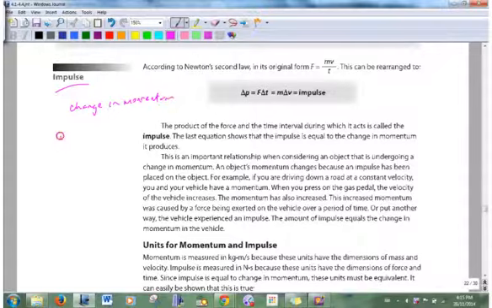Okay, so because momentum is P, our sign for change in means delta P. And because P is mv, we write change in mv. Now it's not the mass that's going to change here, but what can change is the velocity. So we actually write this formula like this.